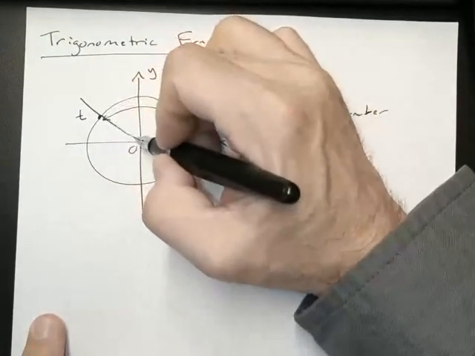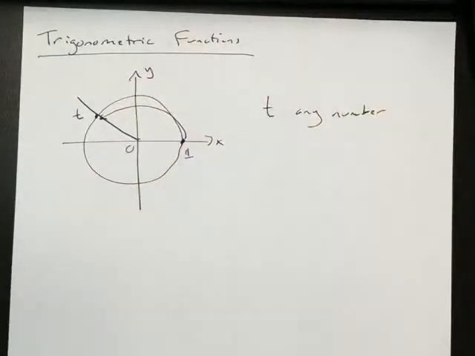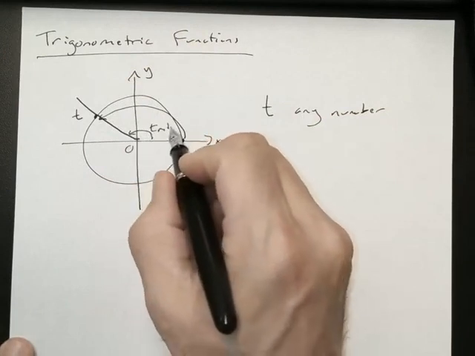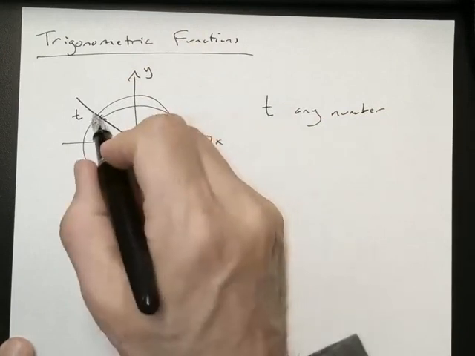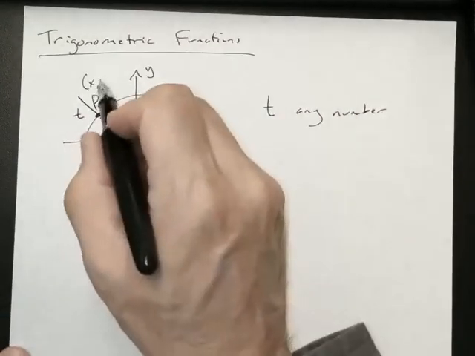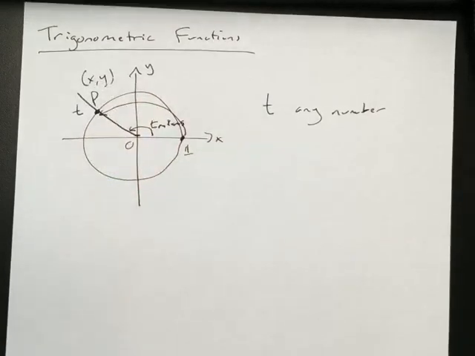This angle is t radians. But this is also some point, P, on the unit circle. And since that circle is a unit, I drop in a little right triangle in my head and I say, oh, that x and y now has a hypotenuse of 1.